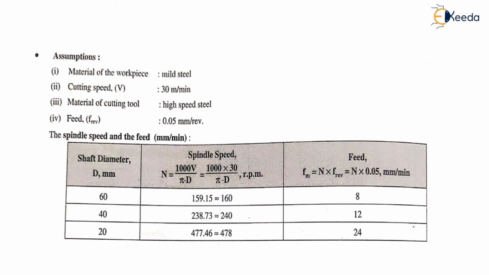We can round off all the RPM. And the feed rate is n into f, where f is the feed per revolution, already given as 0.05 mm per revolution. So we get 8, 12 and 24 according to the spindle speed. Hope you understand how we can calculate the speed and feed rate. In the exam you can calculate like this.